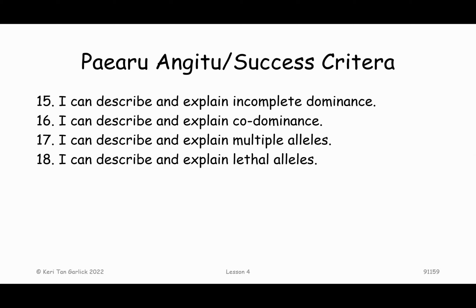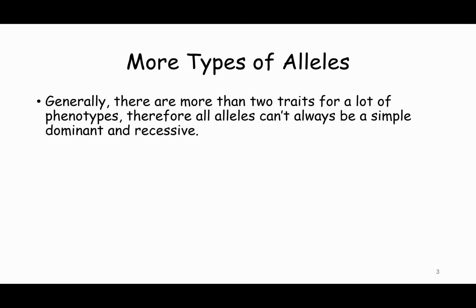So let's look at what is a little bit more accurate to the story with genetics. Generally, the first thing to think about is we have lots of different phenotypes, but those phenotypes are not often a simple, here are the two alleles, one allele is dominant, one allele is recessive.